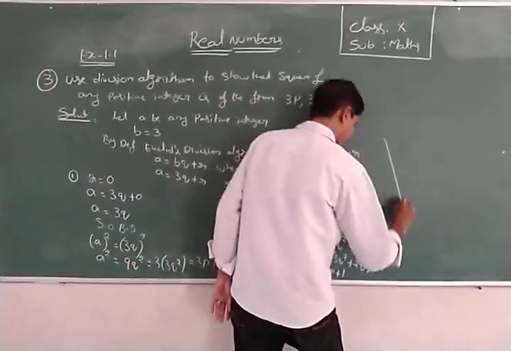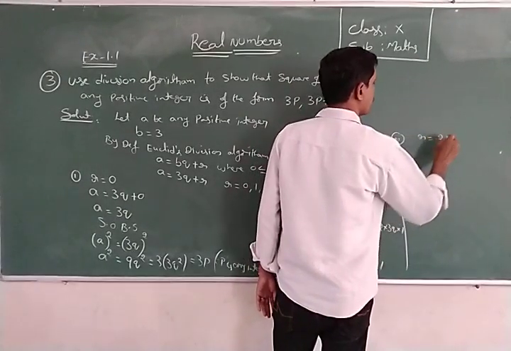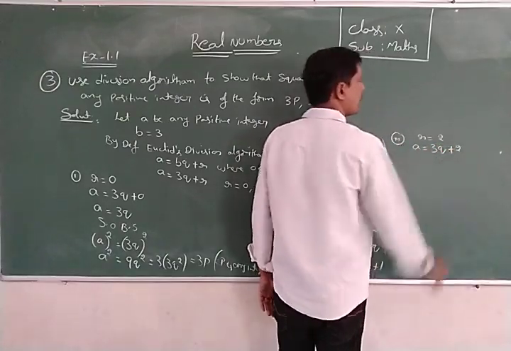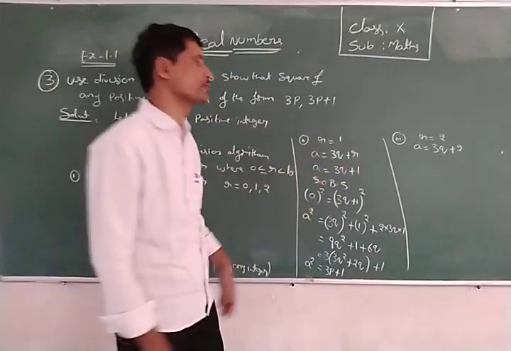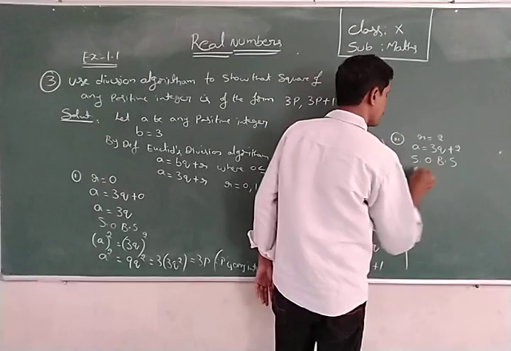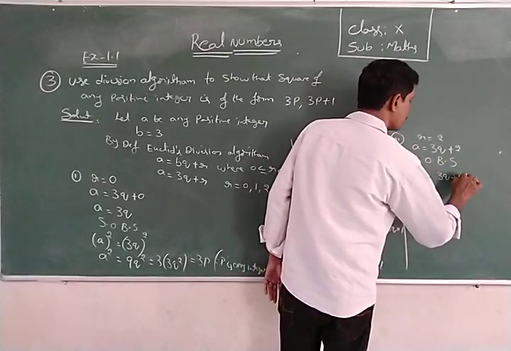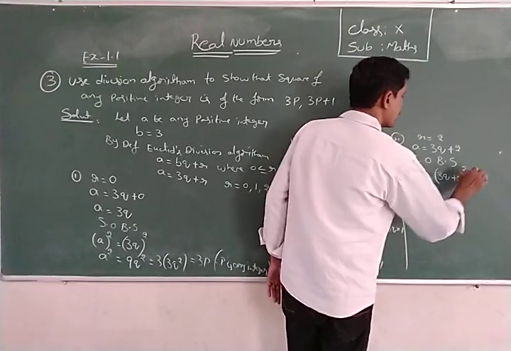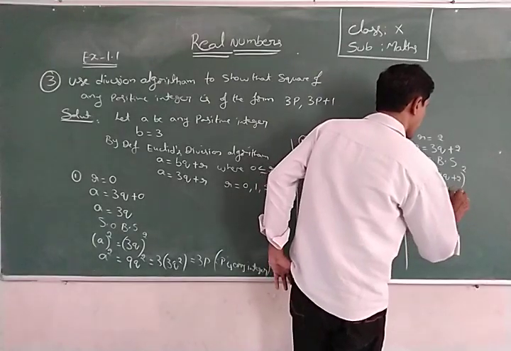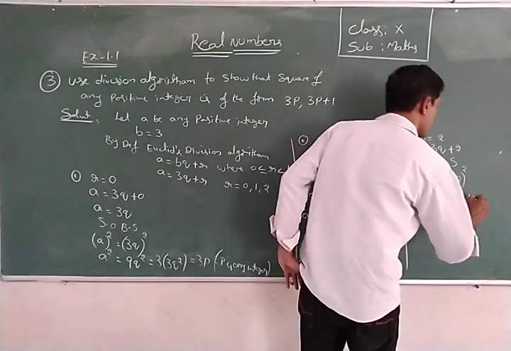Again, you have to take r equal to 2. Therefore, a equals 3q plus r. In place of r, substitute 2. Squaring on both sides, a squared equals (3q plus 2) squared. Applying (a plus b) whole squared, that is 9q squared plus 4 plus 2ab, 2 into 3q into 2, that is 12q.